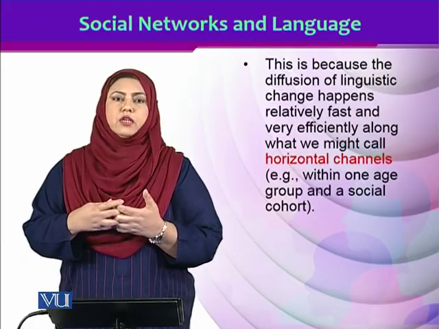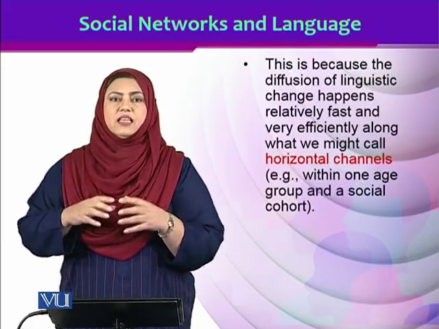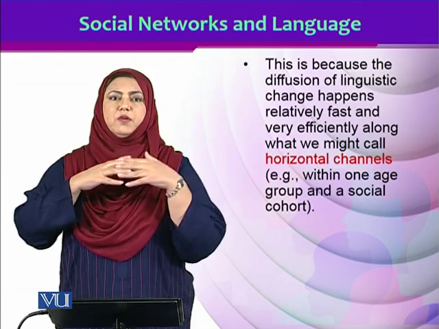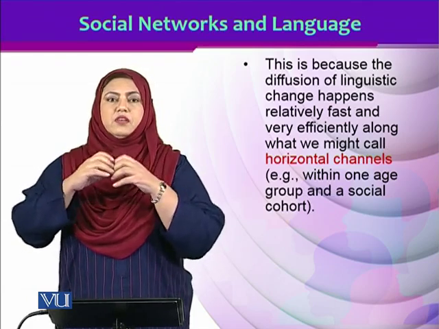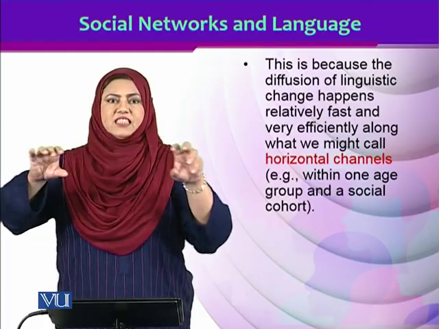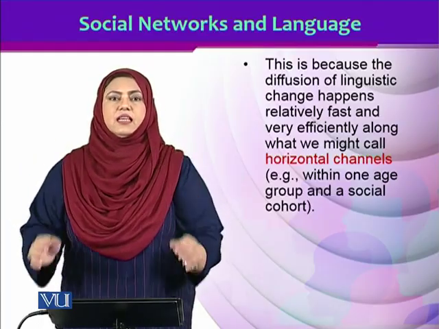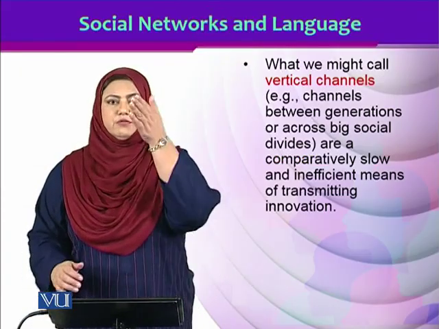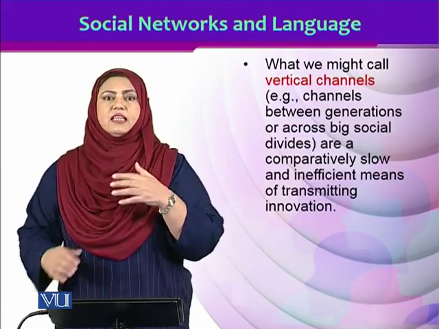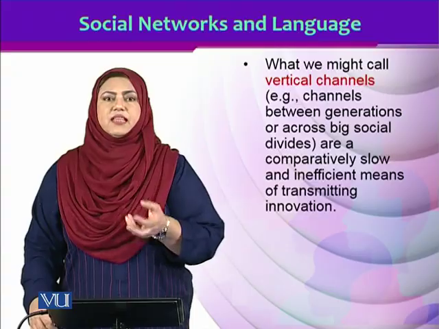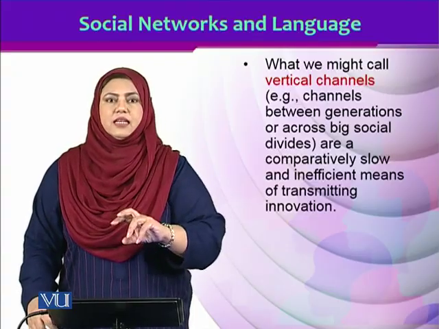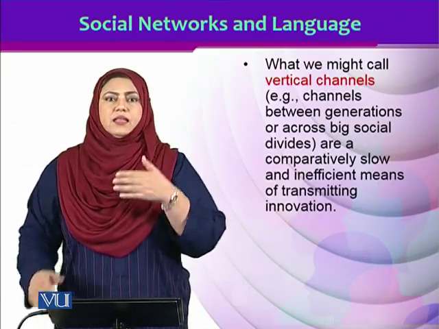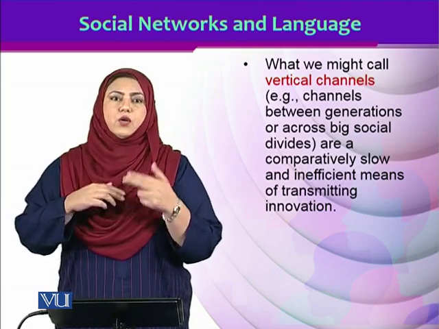So this is important for sociolinguistic researchers to study because, for example, people of the same age, people of the same profession, people of the same social class, etc., who are placed equally in this direction horizontally, any change would spread in this network speedily as compared to the vertical networks where there is a hierarchy, for example, the upper class and the lower class, the educated and the illiterate, the old and the young, etc. So, when they're placed this way, the change does not disseminate quickly through them.